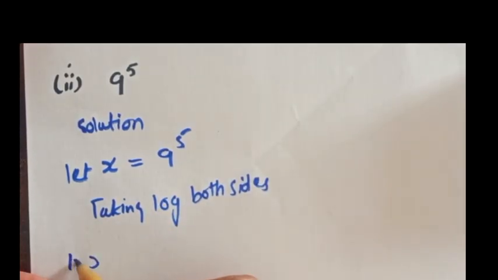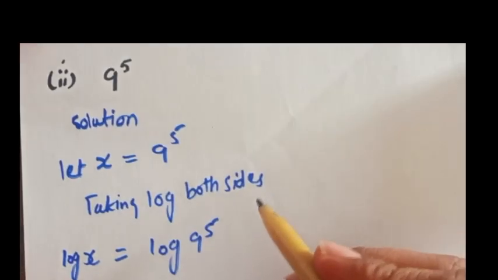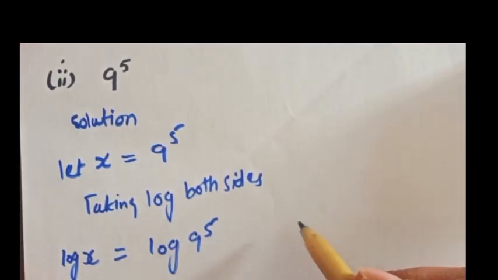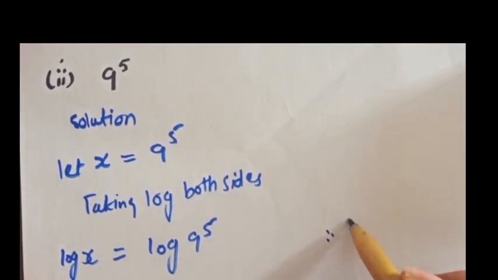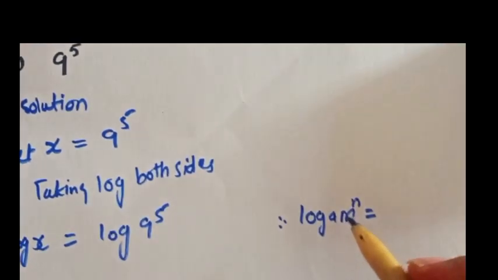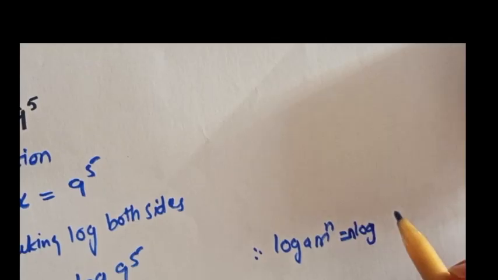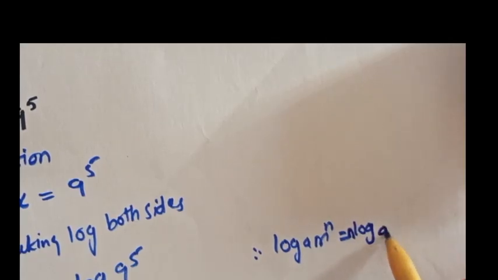Log x is equal to log 9 power 5. This question is related to the third law of logarithm, that is log base a m power n is equal to n log base a m, and I will bring the exponent before log.